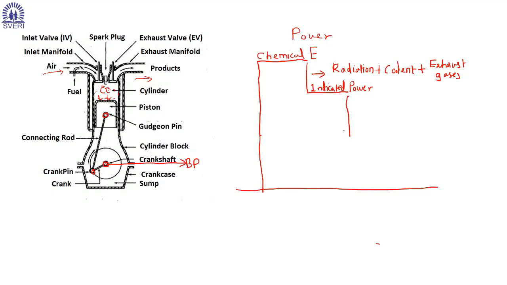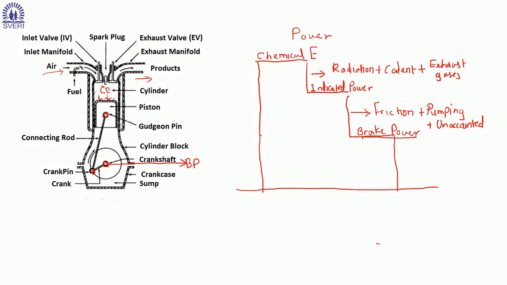So due to friction, this power reduces, and what we get as output is your brake power. This difference is due to the friction plus pumping losses plus some unaccounted losses which we cannot measure.